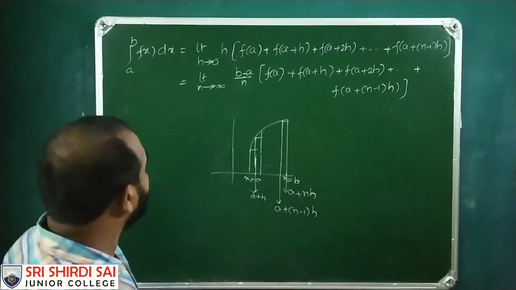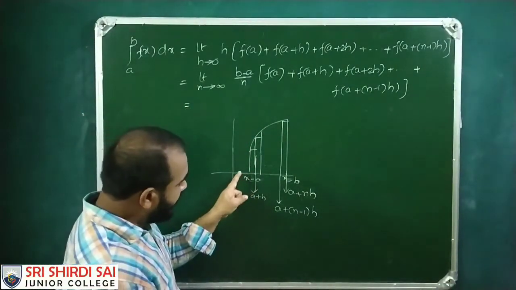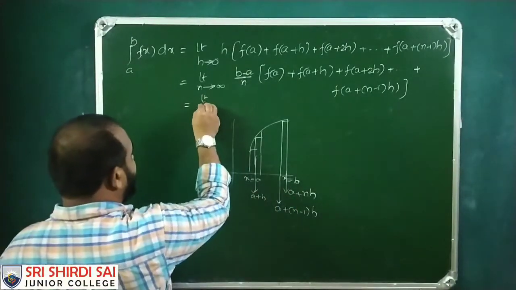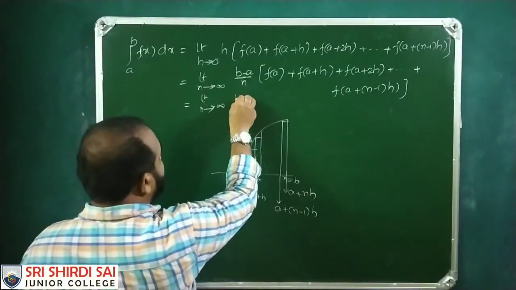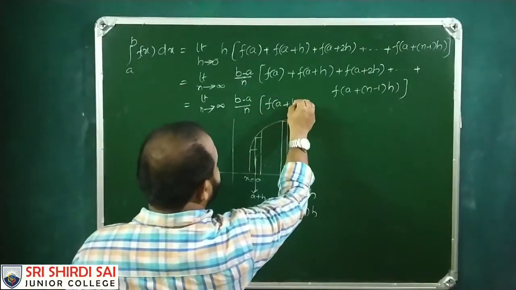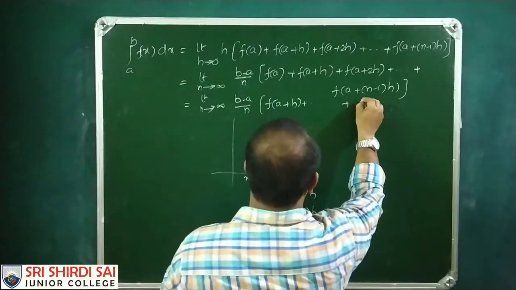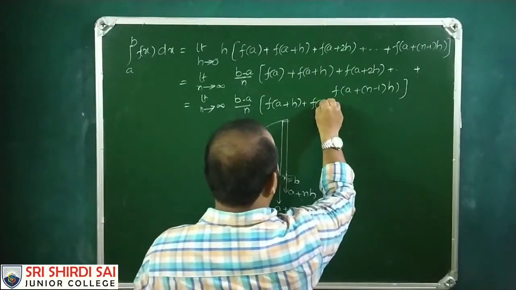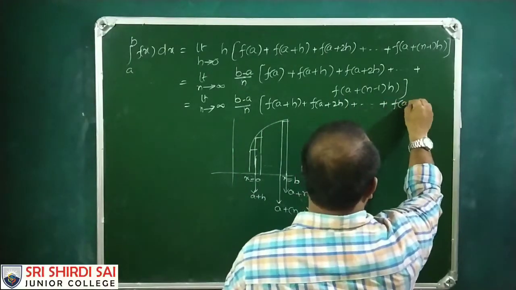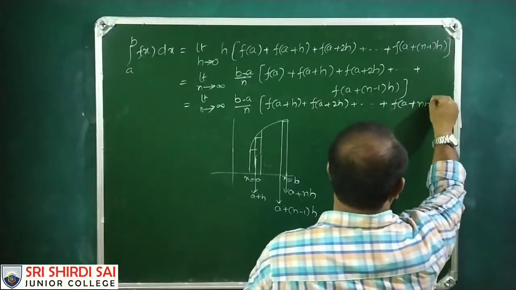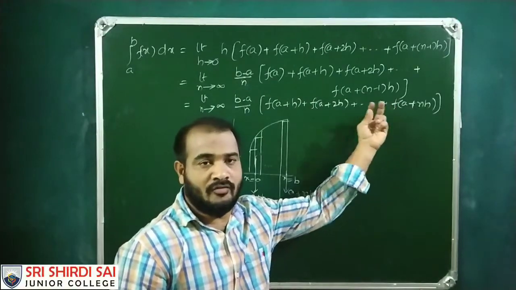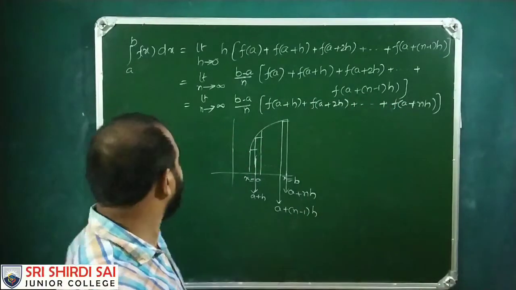So this is equivalent to the limit as n tends to infinity of (b minus a) by n into [f of a plus h, f of a plus 2h, etc., up to the last one, f of a plus nh]. Of course this is also correct, but compare this with the textbook formula. Therefore in the textbook it has been given in this way.